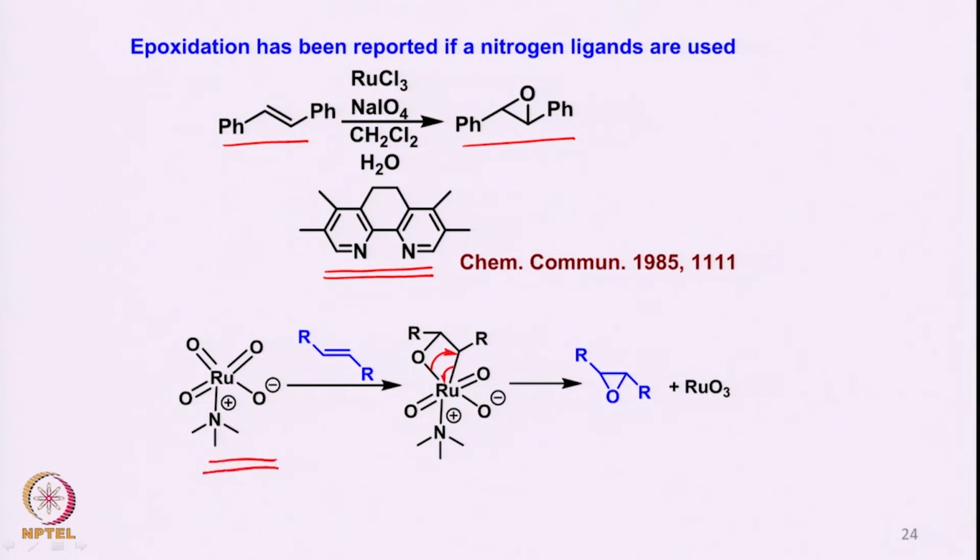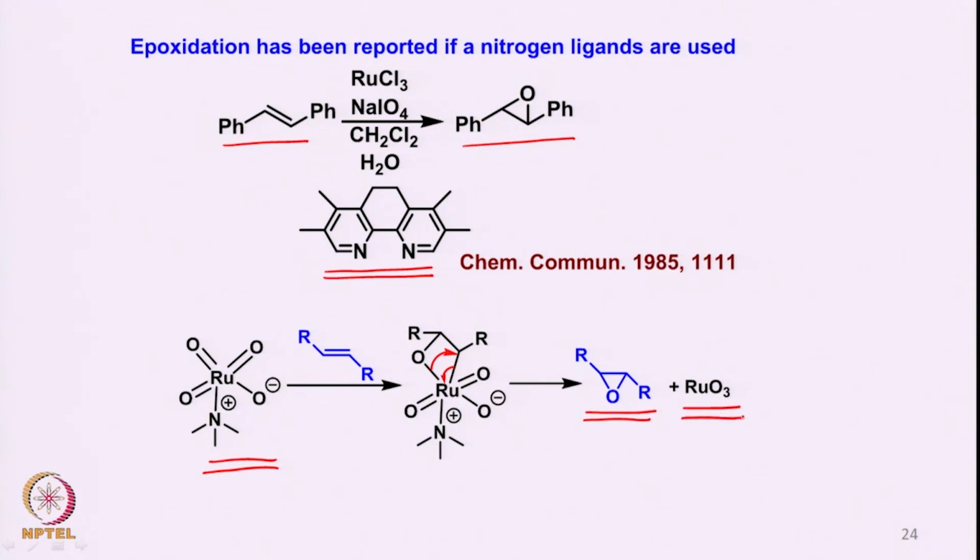Now, if this species comes in contact with the olefin, one can have a 2+2 cycloaddition of the ruthenium-oxygen double bond and the double bond of the olefin, forming this intermediate, which can undergo cleavage, forming the epoxide and a low valent ruthenium species.